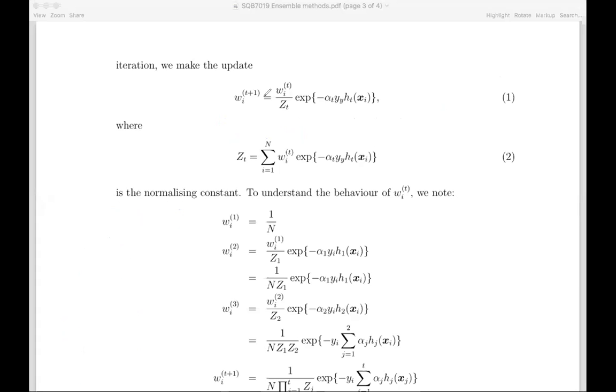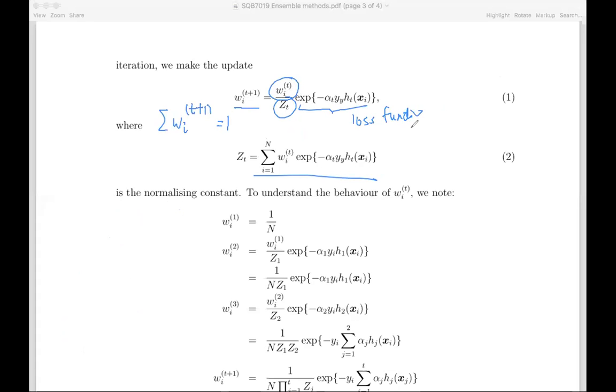The next update is given by the current weight multiplied by the loss function and divided by Z_t. This Z_t is the normalizing constant, because you want the sum to be equal to 1.